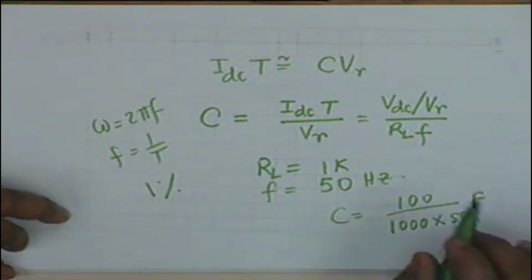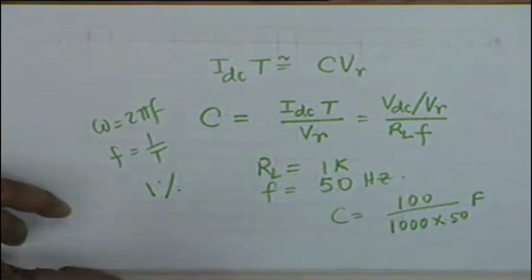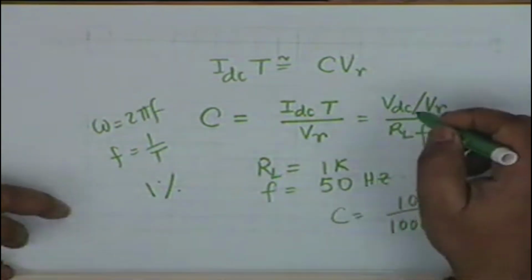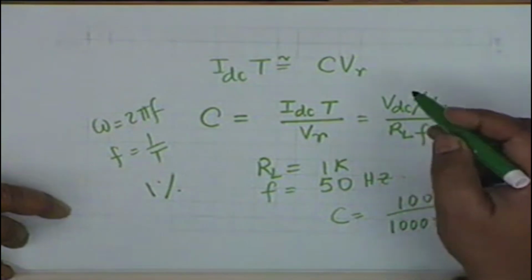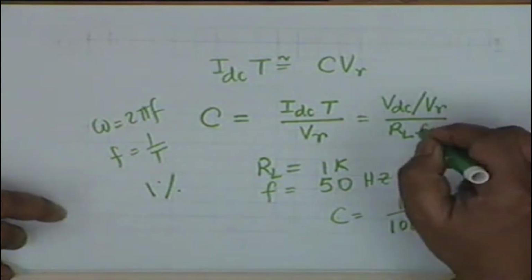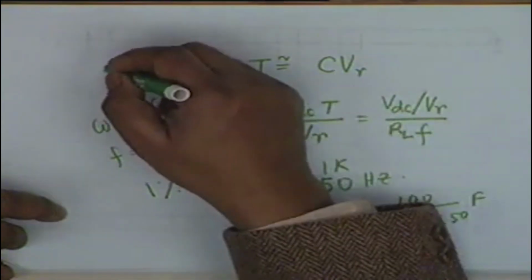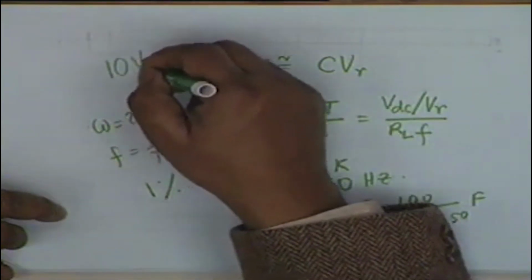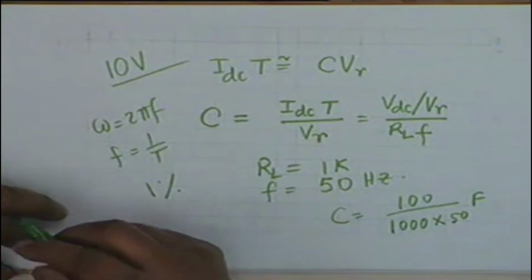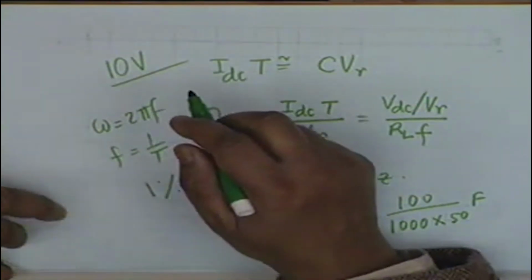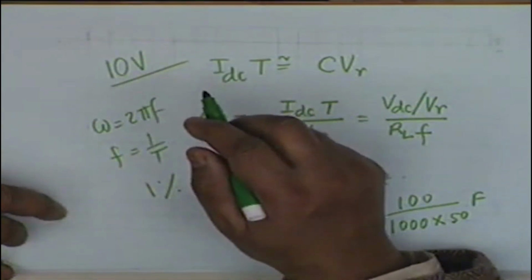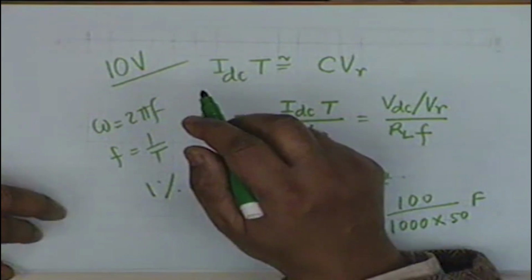Now, if VDC is specified, then you can calculate the turns ratio required for the transformer. Suppose VDC is specified as 10 volt, then VDC is approximately equal to what?